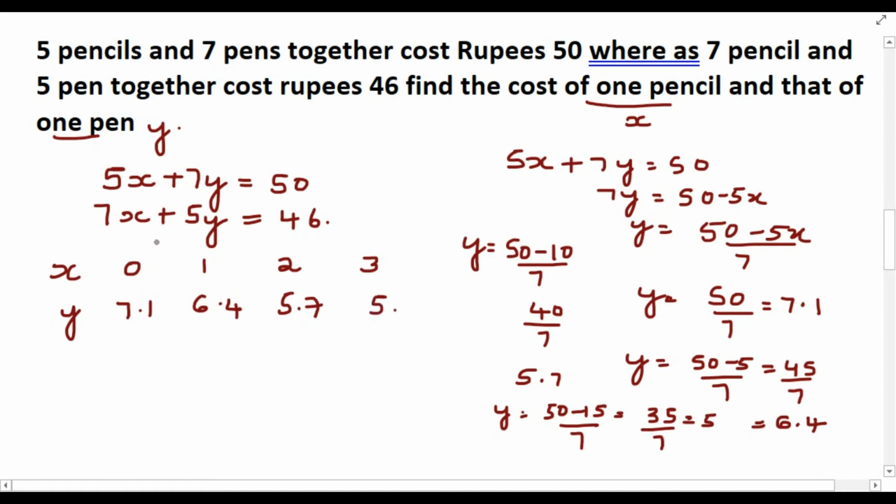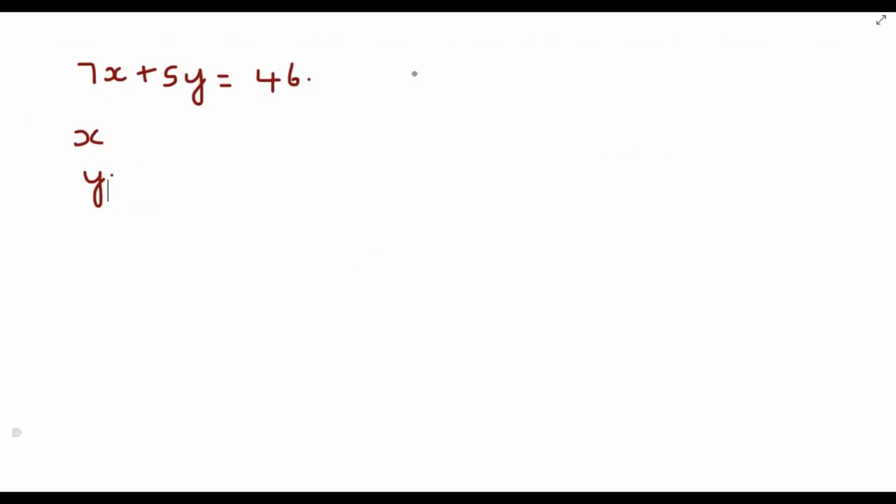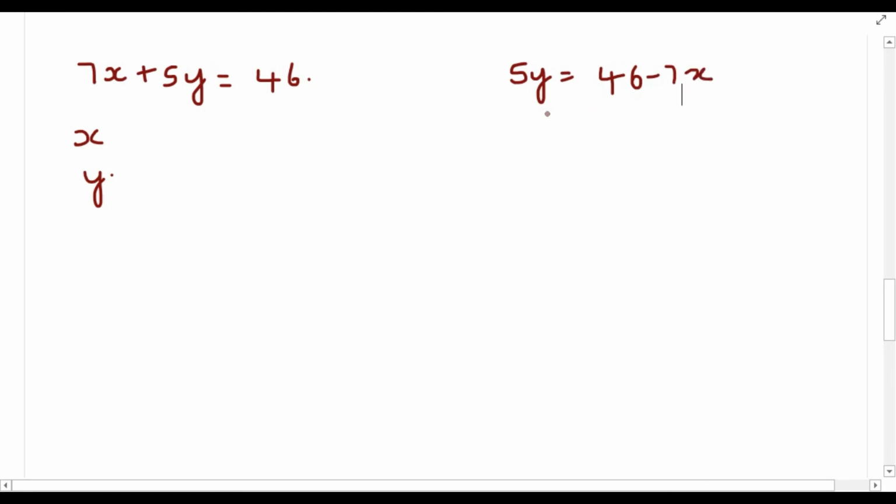In the same way, we can find the values for the next equation also. So the next equation we can write as 5Y equal to 46 minus 7X, or Y equals (46 minus 7X) divided by 5.